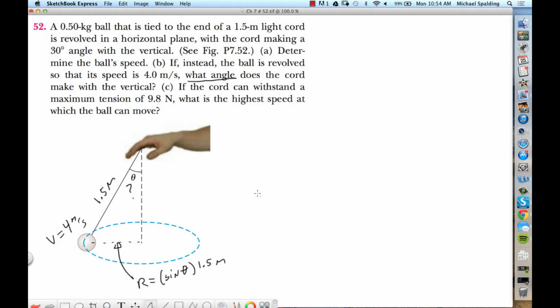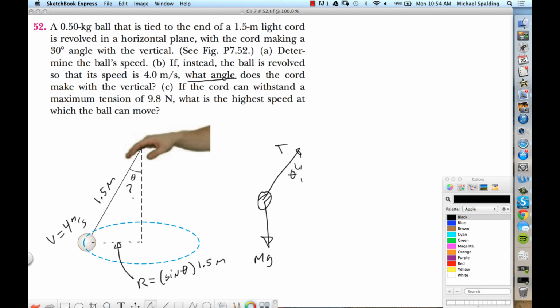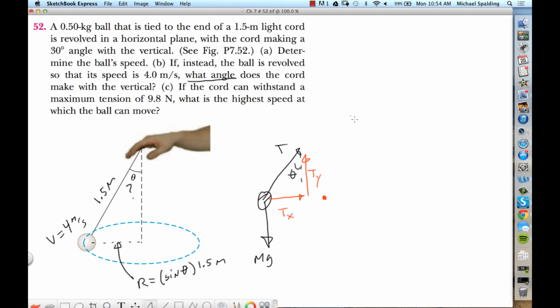So when you go to solve this, here's your free body diagram. So mg straight down, tension's like that, theta's right here. You're going to have to break tension into x and y. So everything's pretty much the same so far, but just wait. So there's tension x, there's tension y, center of the circle's right here. Now sum the forces. Summing forces in the x direction, you're going to have sine theta T equals mv squared over r.